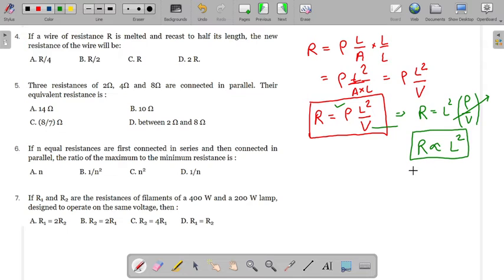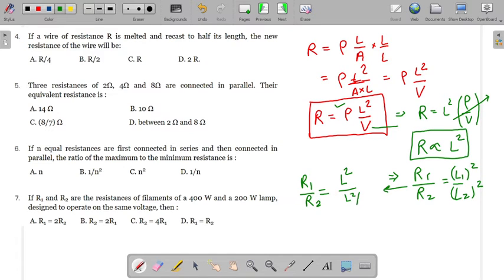So if R is proportional to L square, then R1 upon R2 equals L1 square upon L2 square, we can write this way for two situations. Now, suppose the first length is L and the second length is half of L, which means L square by 4.